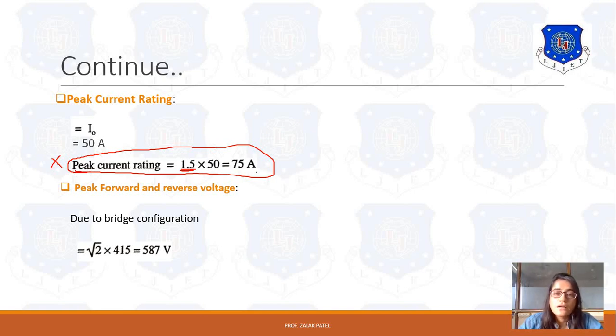Because in the question the RMS voltage is given, and the forward or reverse voltage is always up to the maximum voltage, so we have to convert it into maximum voltage. So Vrms into root 2 gives us Vm, that is nothing but 586.9 volt. So this is the answer.